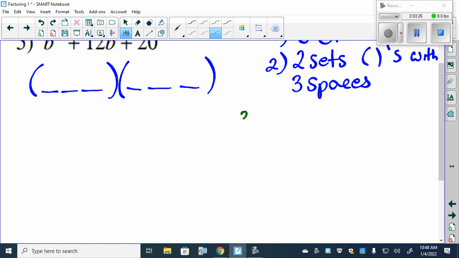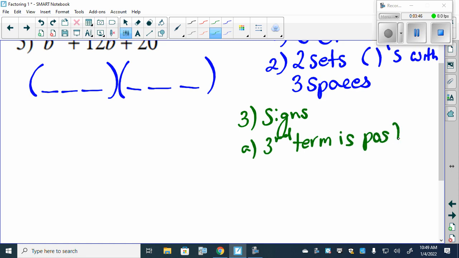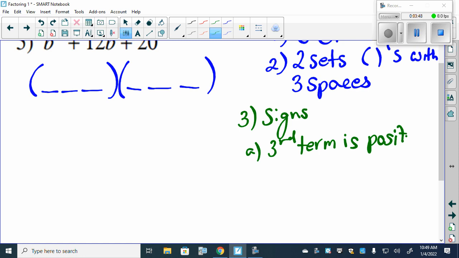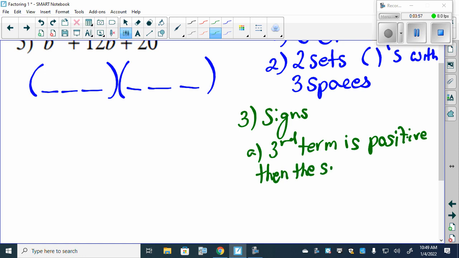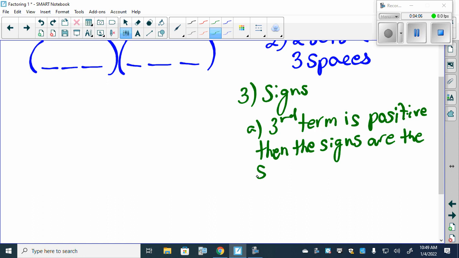Now, step 3 was to find the signs. If the third term is positive, then the signs are the same and match the sign of the middle term.